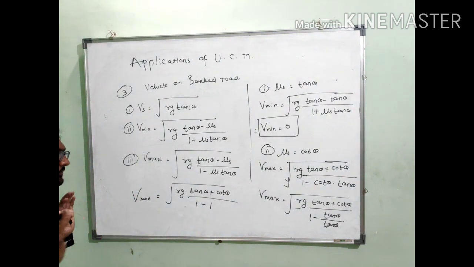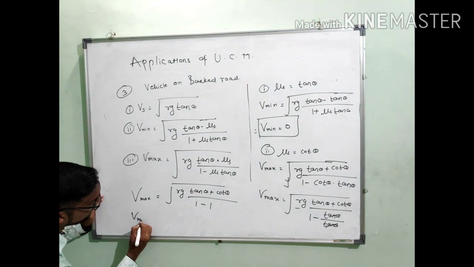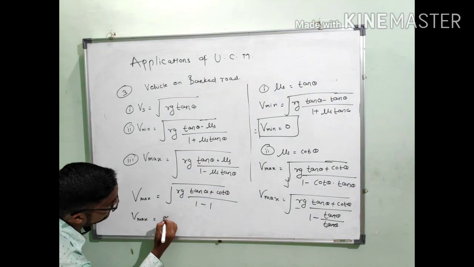So 1 upon 0 is infinity. So V max is equal to infinity.